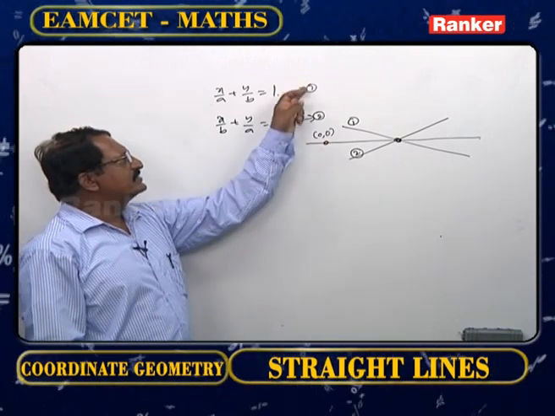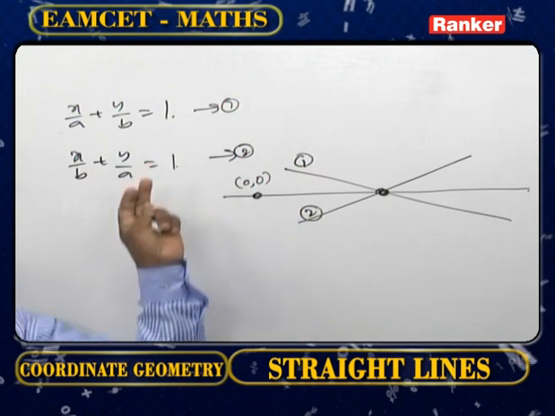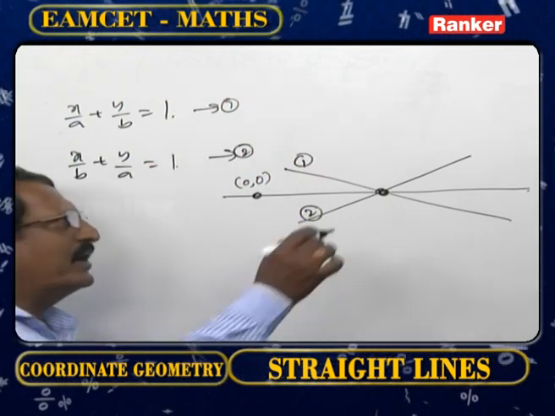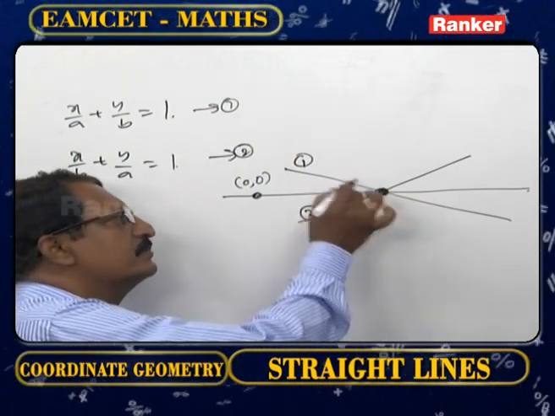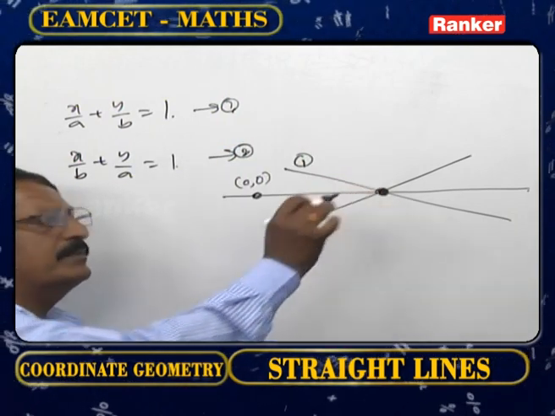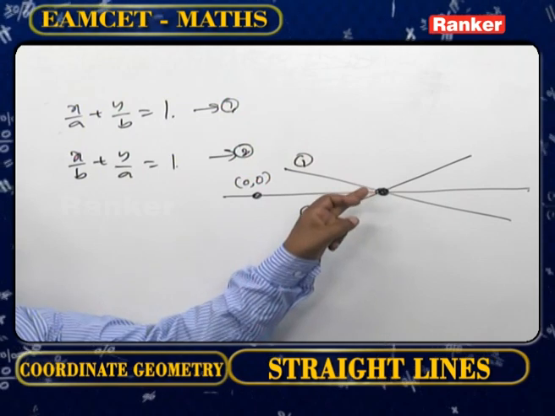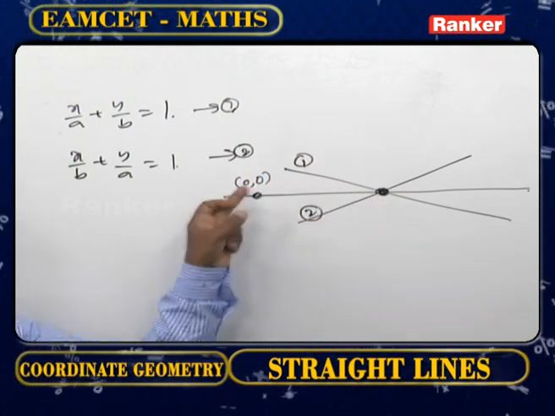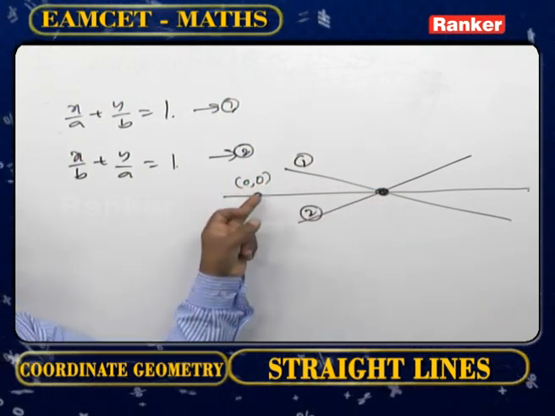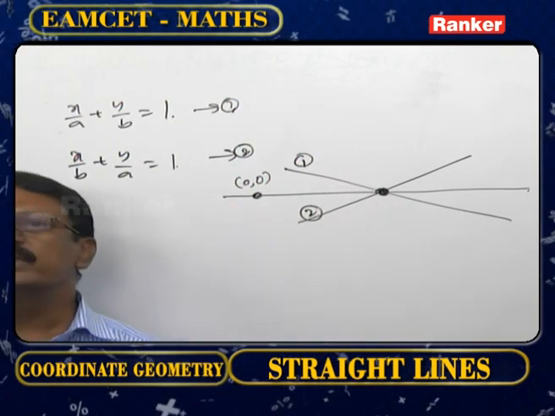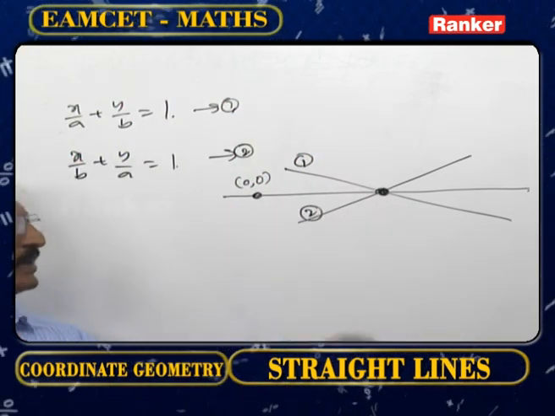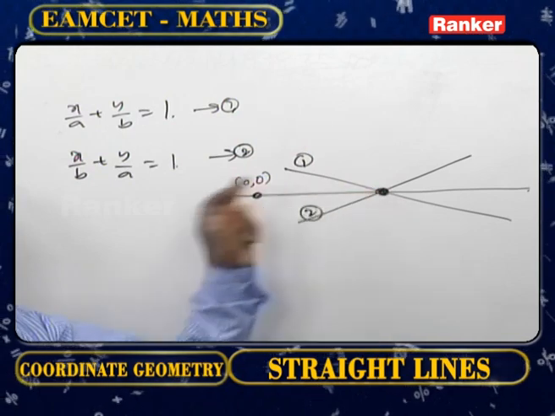Actually, the procedure is that by solving the two equations, 1 and 2, we get the point of intersection of the lines. After that, using the two-point form, we get the equation of the straight line passing through (0, 0) and the point of intersection.